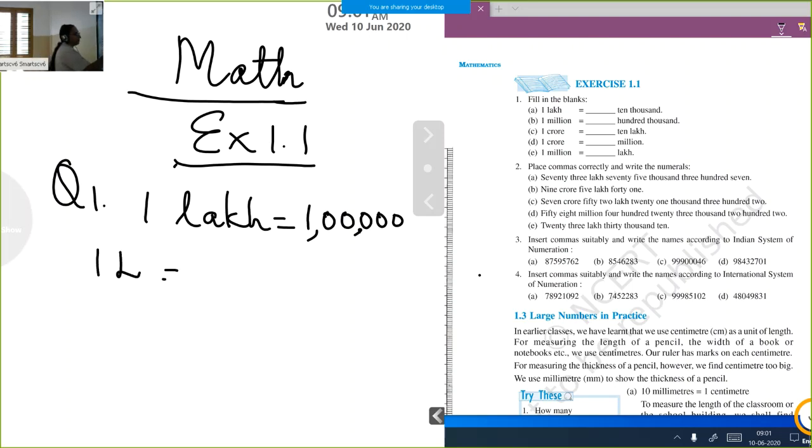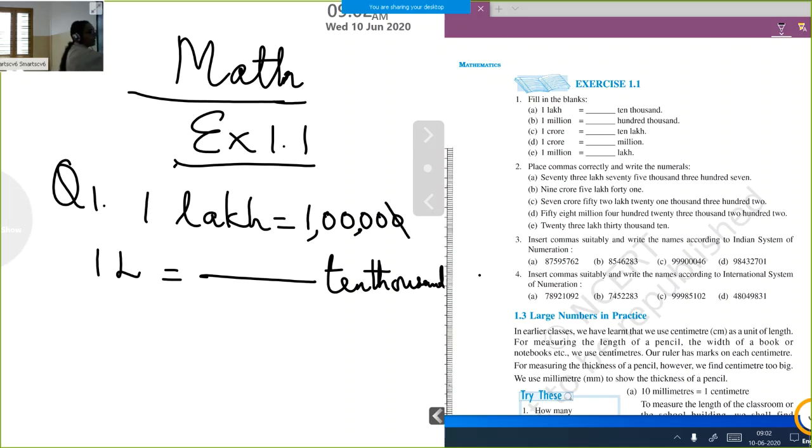So 1 lakh equal to how many 10,000? That is the question. Okay. So 10,000 is having how many zeros, children? 10,000 is having 4 zeros. That you know very well. So from this 1 lakh, teacher is removing 4 zeros because 10,000 is having 4 zeros.